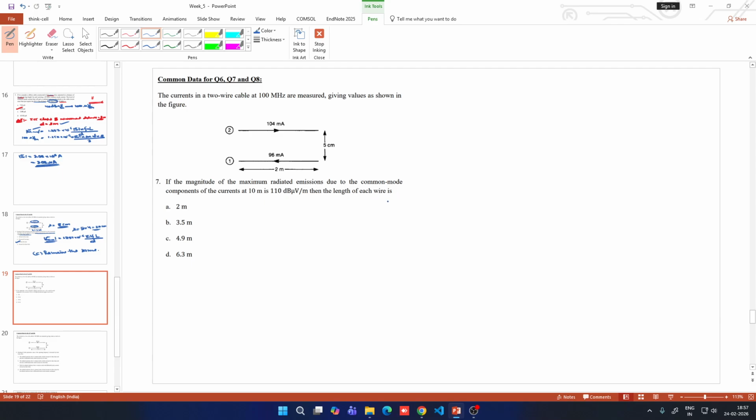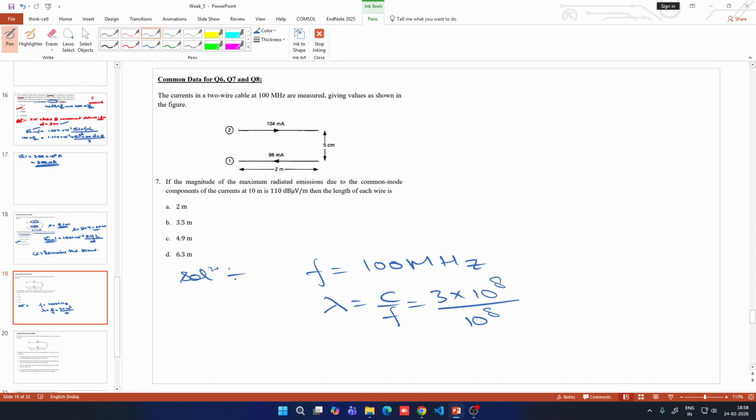Then we have to find the length of the wire. What is given in the problem is F is 100 megahertz. From this F we can find lambda, which is C by F, which is 3 into 10 to the power 8 divided by 10 to the power 8, because it is 100 megahertz. So the wavelength is 3 meters.